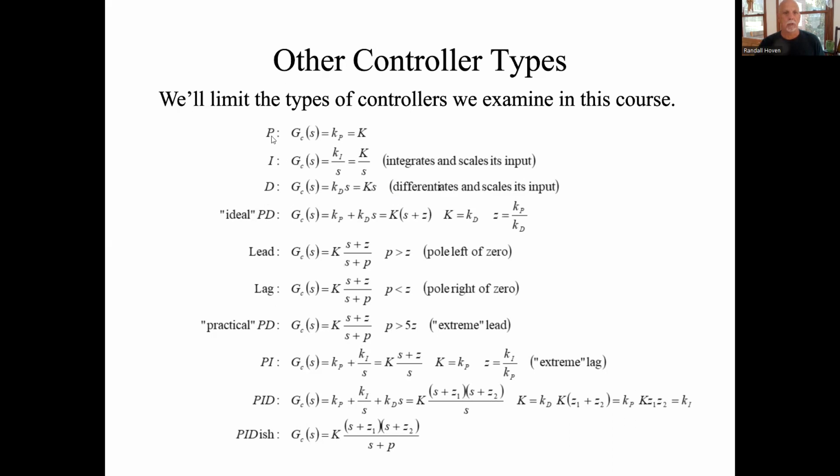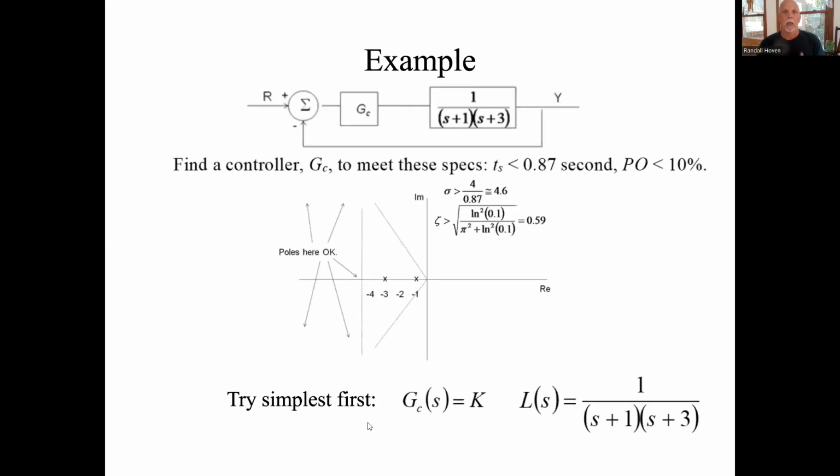So we're going to be pretty much limited to this P, or proportional K, this ideal PD, which is a K and one 0 rather. The lead, or extreme lead, they're both the same, but P is typically bigger. So that's 3 types out of this whole list that we're going to do.